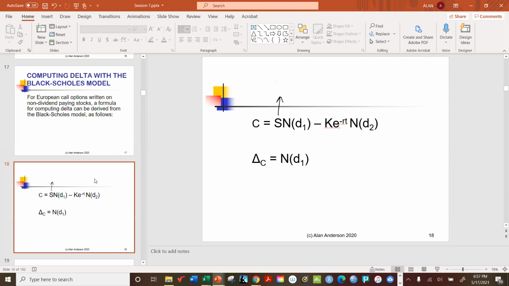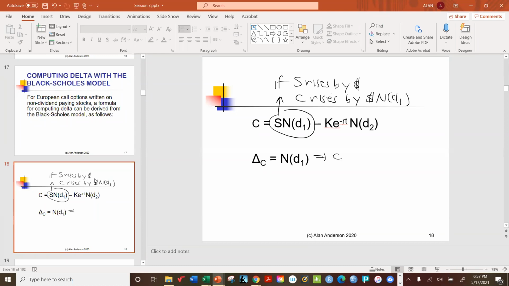So in other words, if S rises by $1, then this entire term, C rises by N(d1). So this N(d1) is actually the call delta. This mysterious N(d1) term that we saw earlier is actually the call delta.